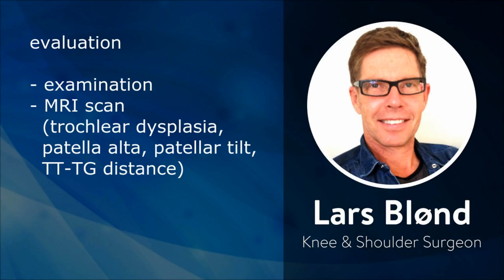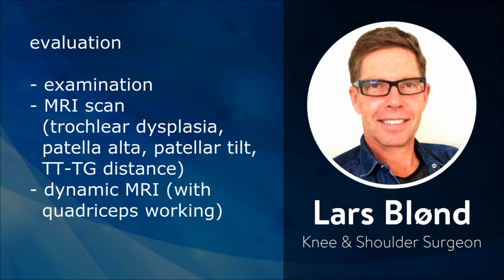In scientific setups, dynamic MRI scan has been used, and the advantage is that in this situation the quadriceps is active and its action on the patella gives a more true picture of what is going on, and moreover the tracking can be evaluated in different degrees of flexion. Those studies have clearly demonstrated that patients having patellar instability have maltracking of the patella compared to normal individuals.